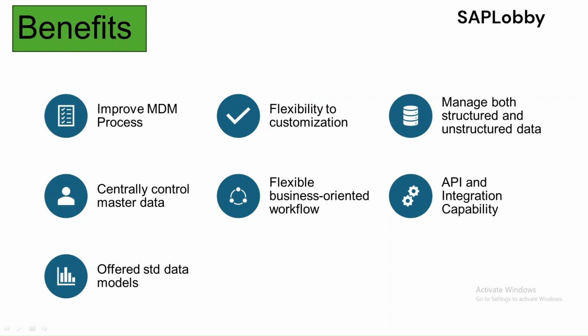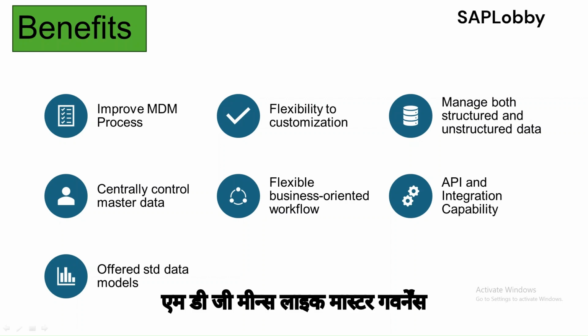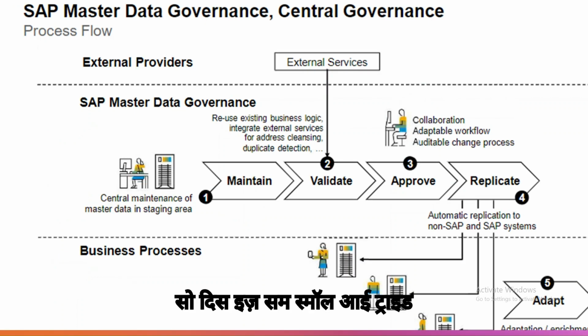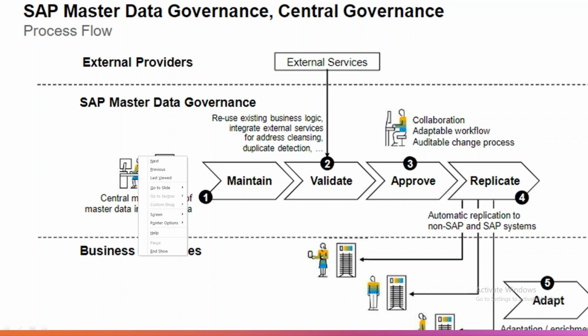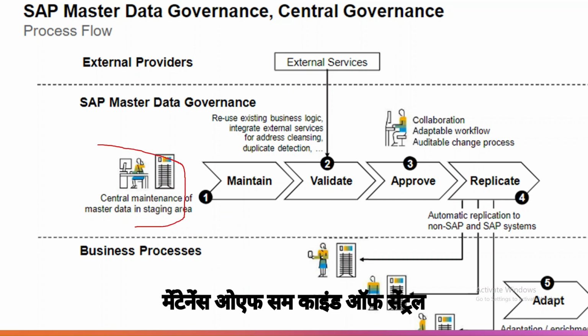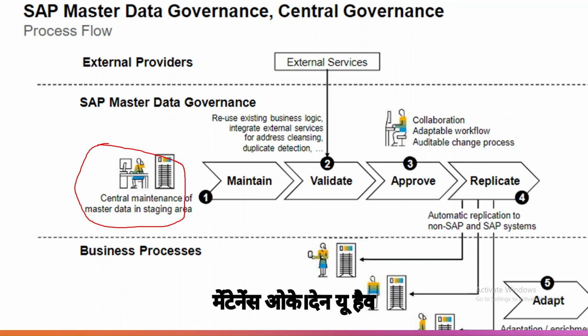So MDG means master data governance. I tried to show you one process flow, like what will happen in master data governance. First, you have to do some kind of central maintenance.